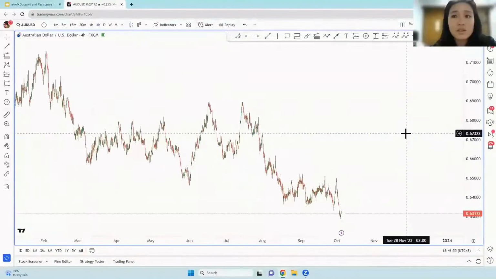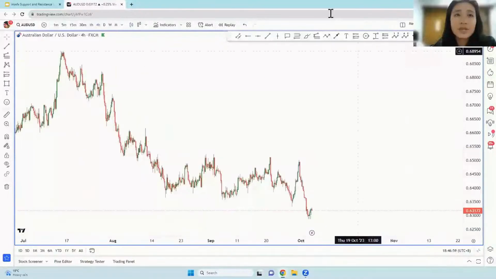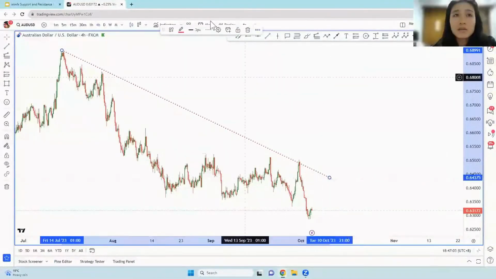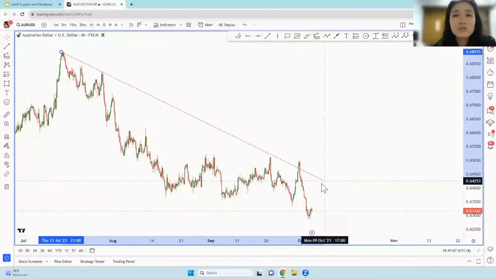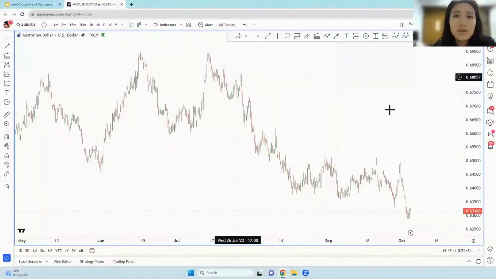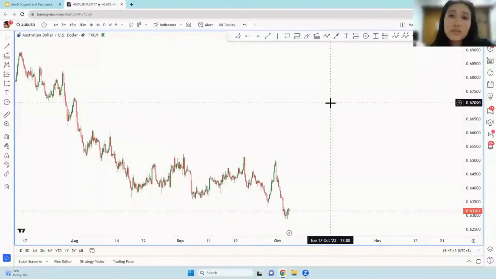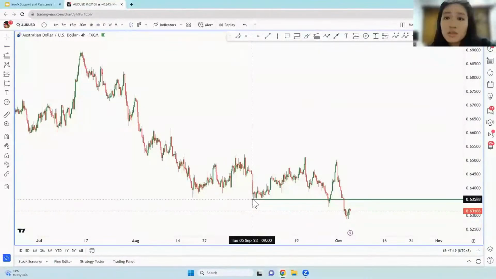In this case, I don't really have a descending trend line, I think. Okay, but we can definitely see that the trend is downwards.